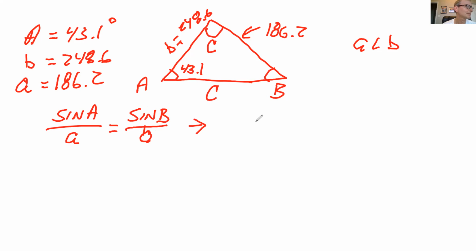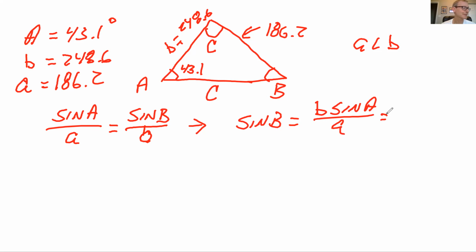Let me solve for B first. Wrong B. I want to solve for the angle, that's what we don't know. Try again. Sine of B equals B times sine of A, all divided by A.